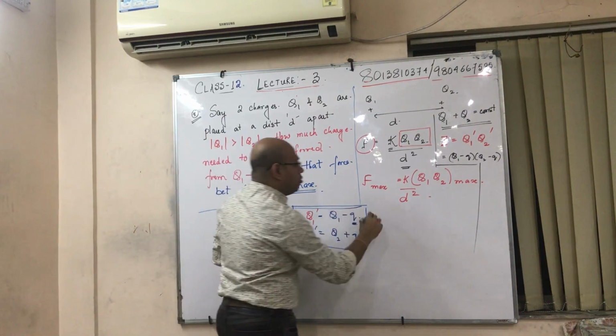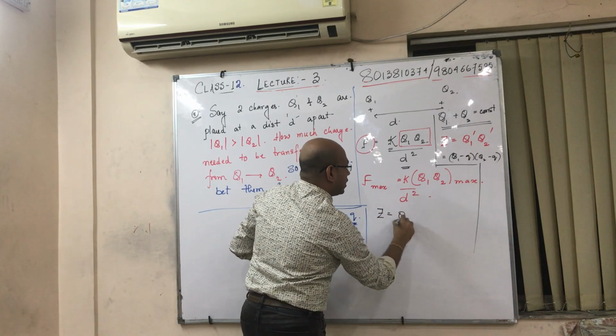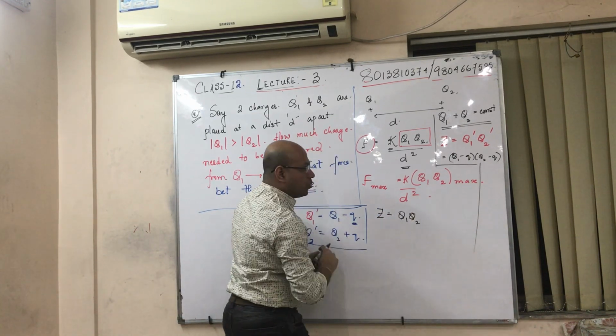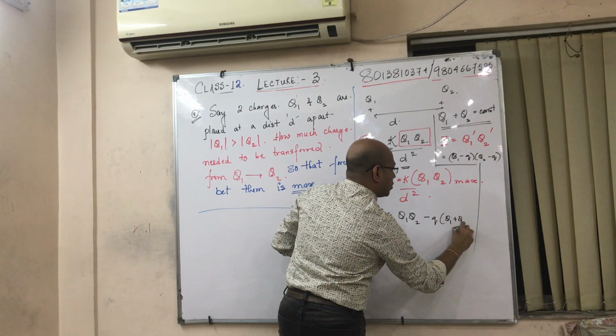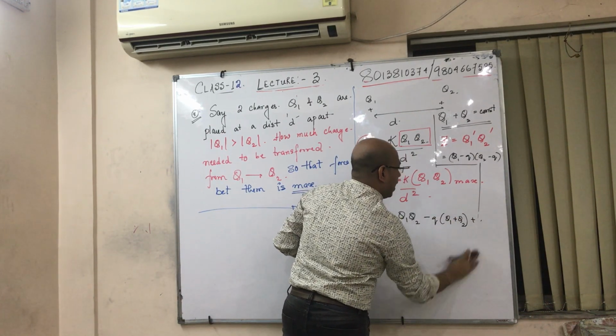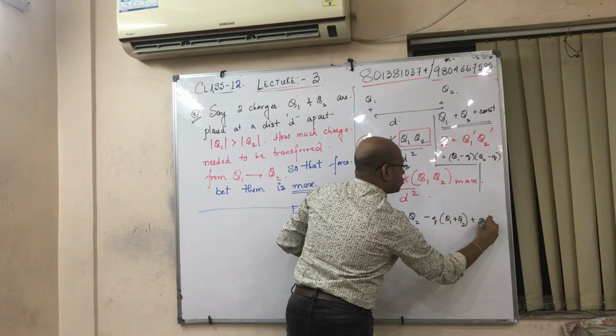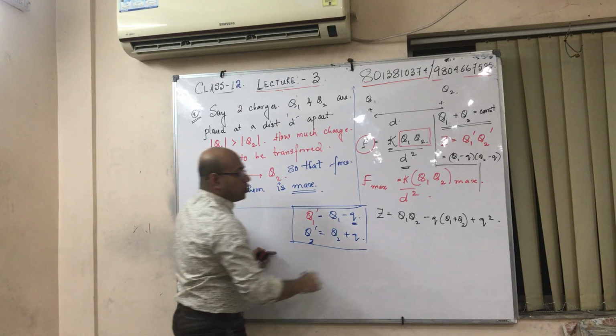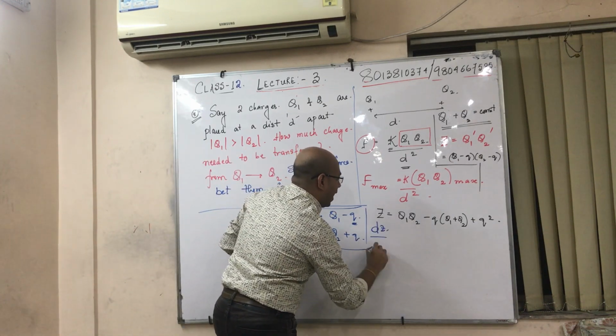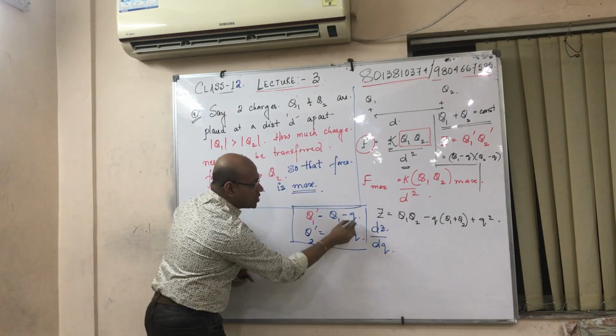So how to put Z? Z is Q1 into Q2, minus Q1 plus Q2 times Q, plus Q square. This is the expression of Z. Now dZ by dQ, small q being the variable over here.